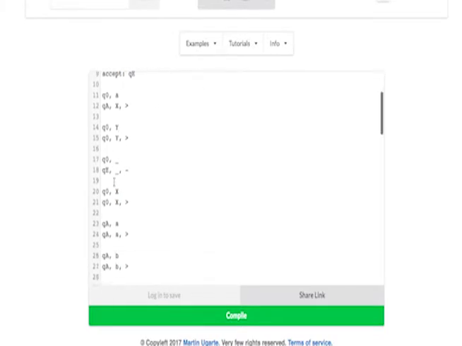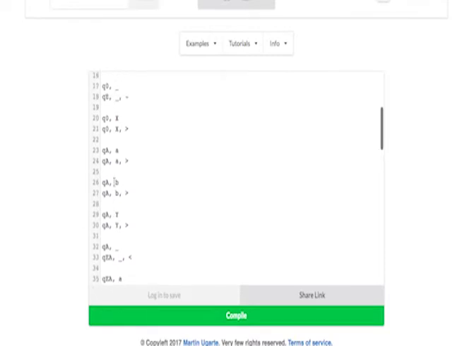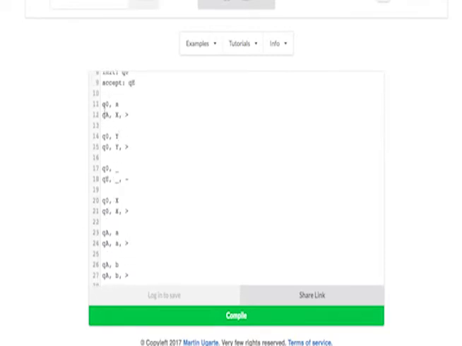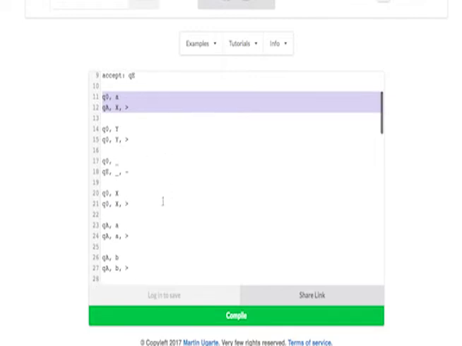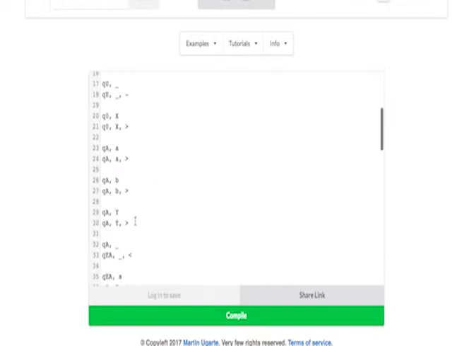So this is an overview of the code for the even palindrome. Here, where you mark A, the first A you see is an X, then you mark its pair as a Y, which is here.